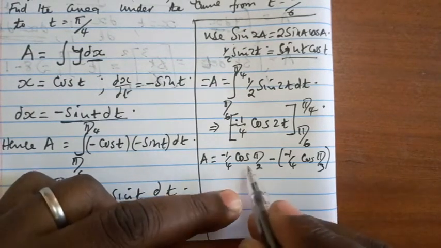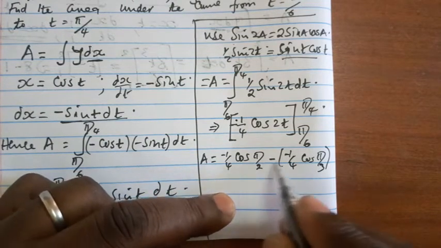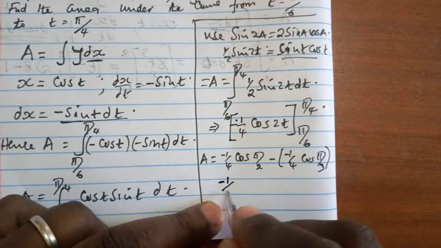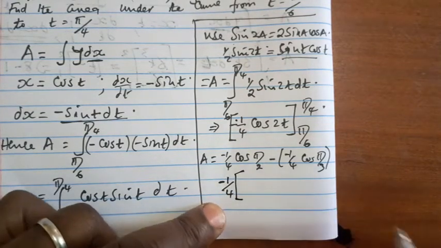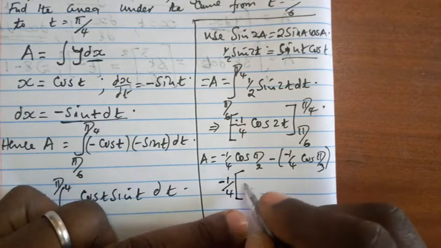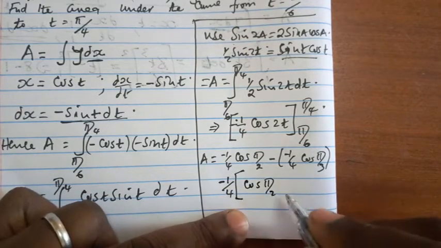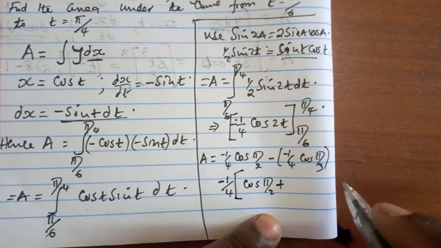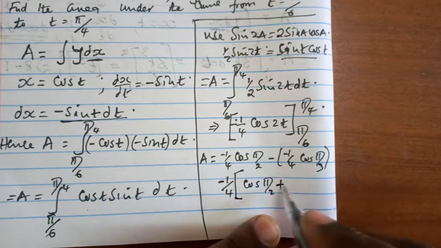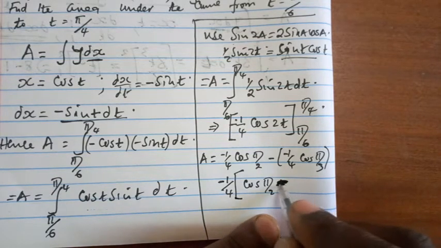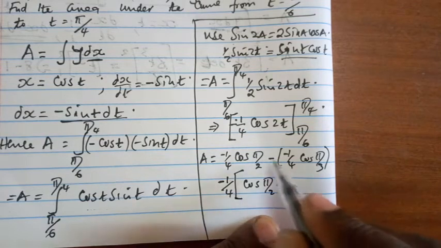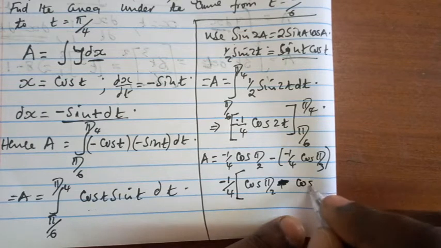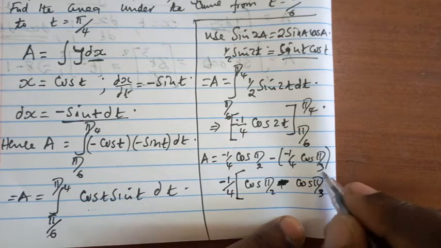You can already see there is a minus a quarter which is common. So we have minus a quarter, and inside the bracket we have the cosine of pi over 2, minus, such that when you open this bracket you're going to have plus, the cosine of pi over 3, and that is it.